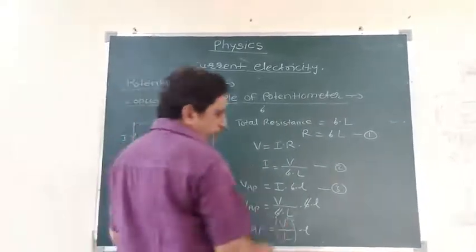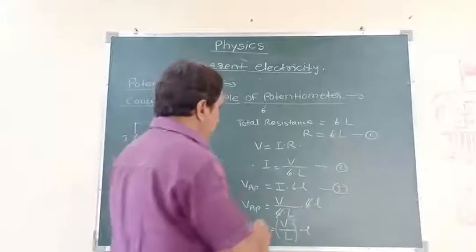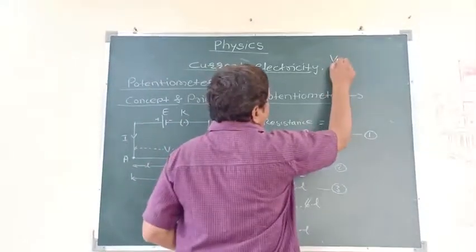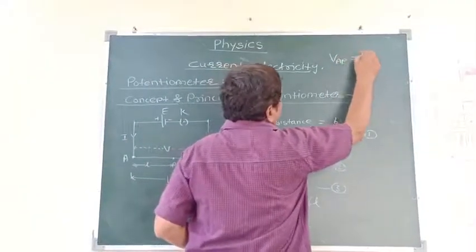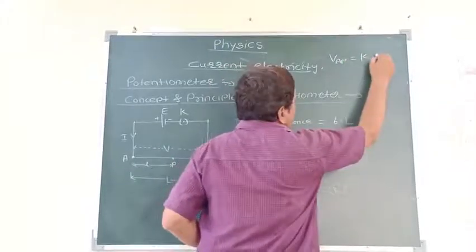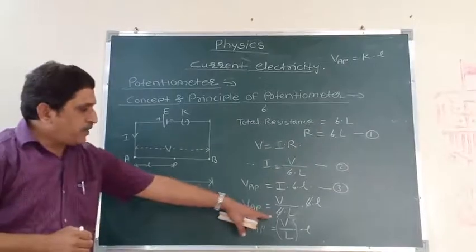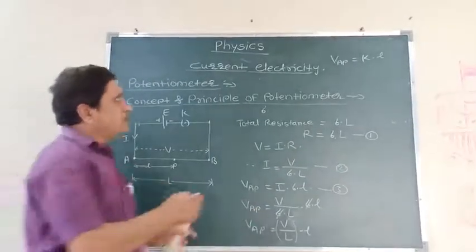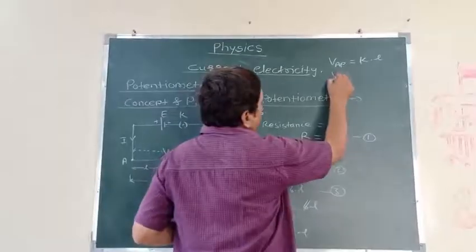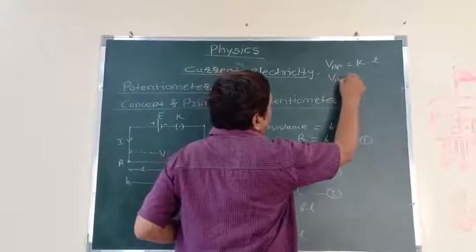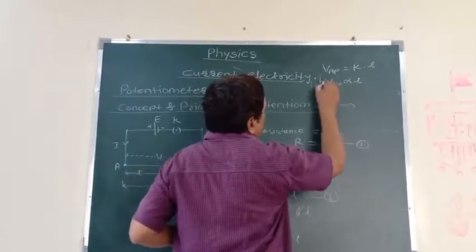Now for that we can use another notation. That means we can write VAP is equal to K into small l. Here K is called the potential gradient. That means voltage drop per unit length of the wire. Then from that equation we can obtain one relation, that means VAP is directly proportional to length.